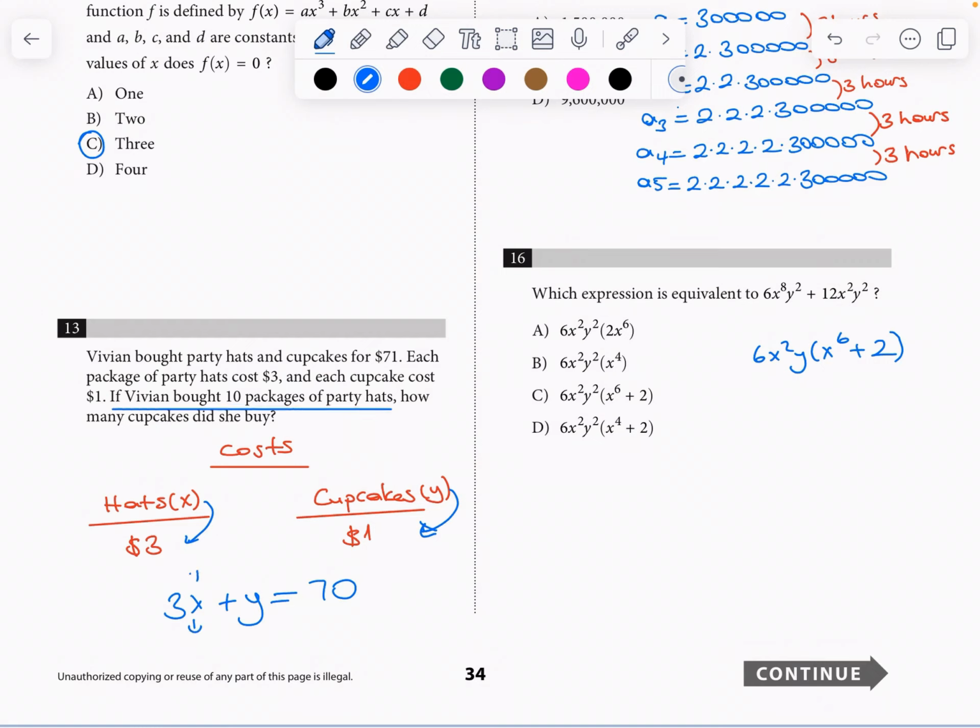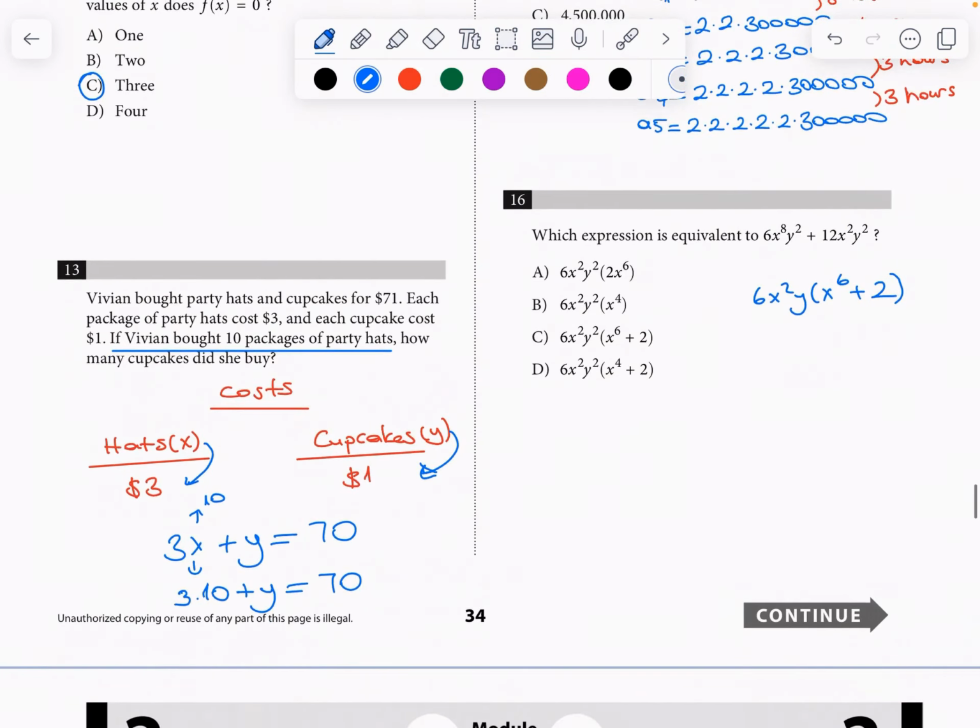So I'll replace x with 10: 3 times 10 plus y is equal to 70. 3 times 10 makes 30, so 30 plus y is equal to 70. If we subtract 30 from both sides, you will find the value of y, which is the number of cupcakes. So she bought 40 cupcakes.